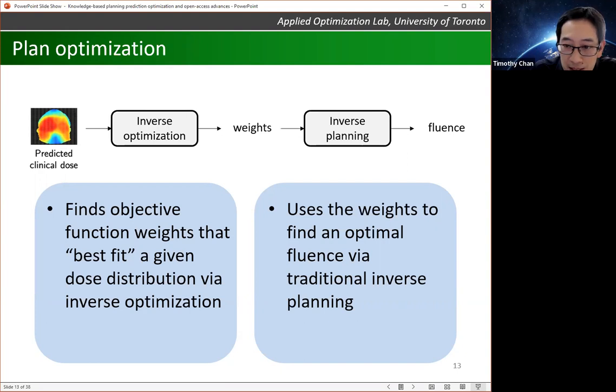Okay, and then this solution, sorry, I can't get my mouse. This solution is what we would use to generate the dose distribution and so on. Okay, so just again to recap, we take an image, we make a prediction, we get to this predicted dose, we run it through this process eventually to get a solution that returns a dose distribution that hopefully looks as good as the predicted input dose.